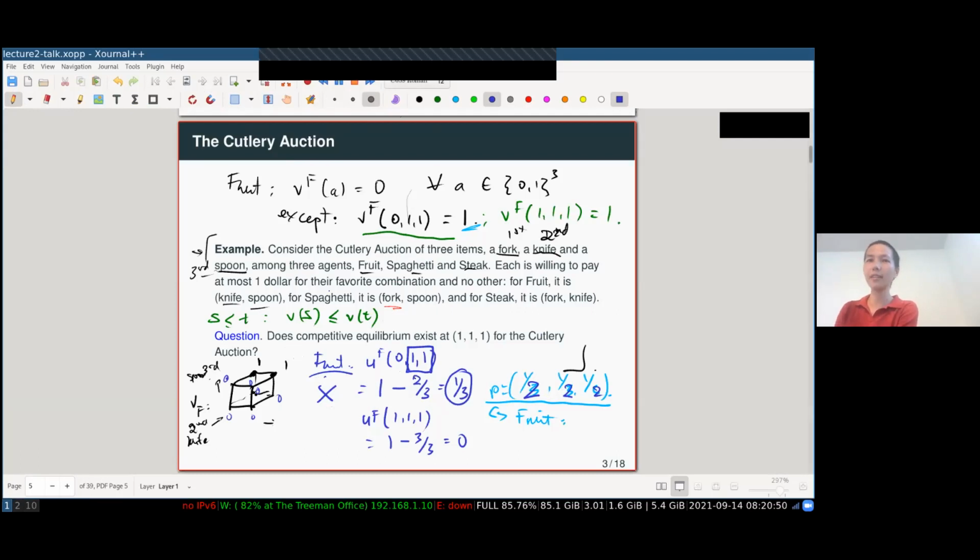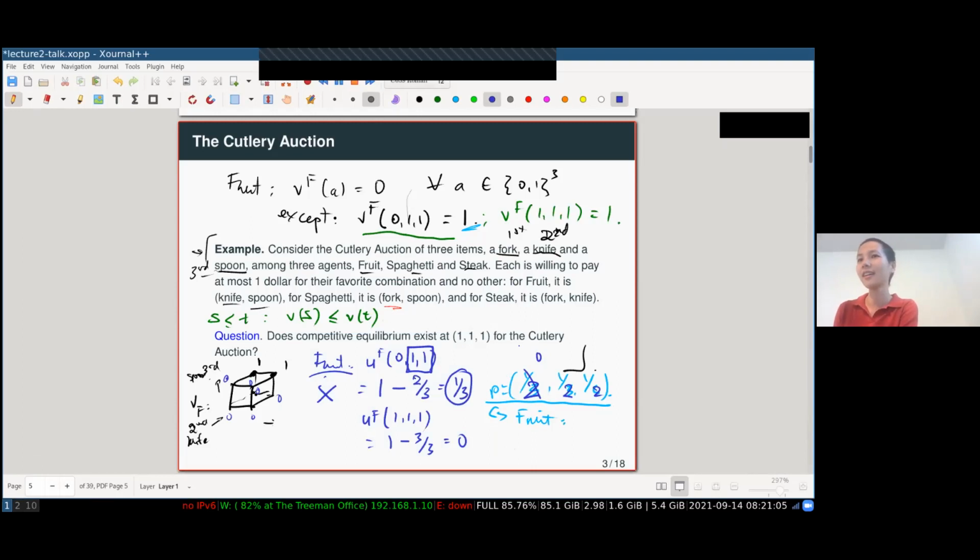So you see, if you try to play with this, you might say, okay, well maybe we should try, how about 1/3, 1/3, 0? So the fork is free. But if the fork is free, then fruit will be okay, but somebody else will be upset.